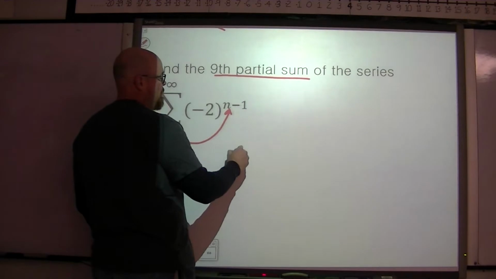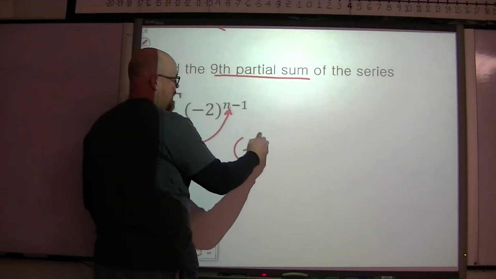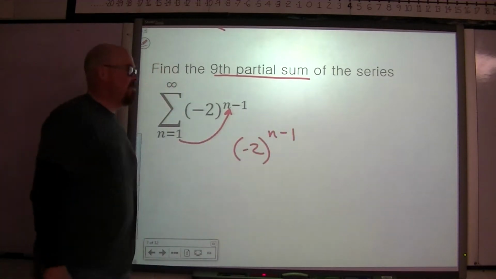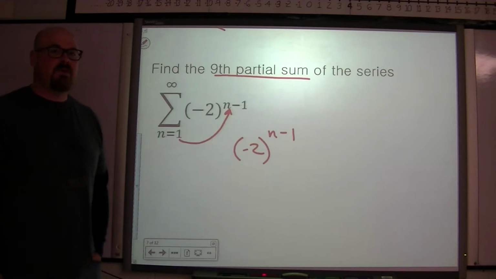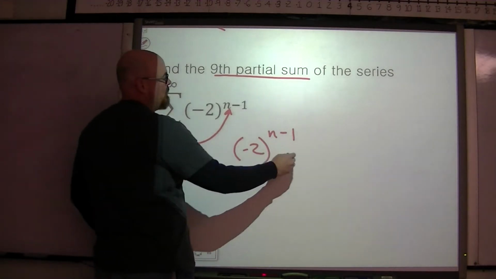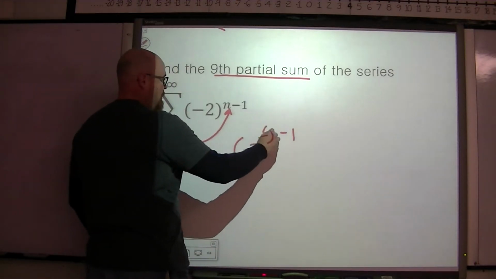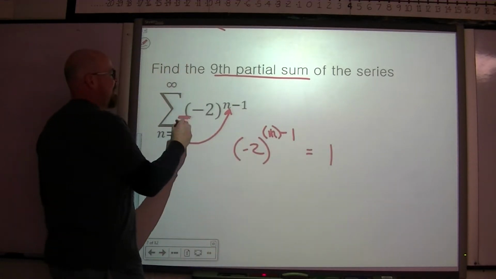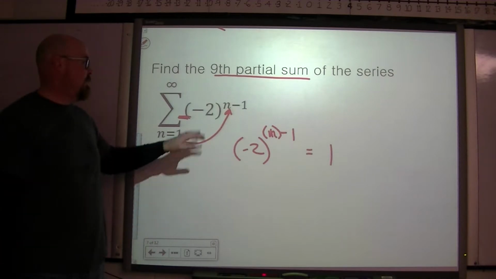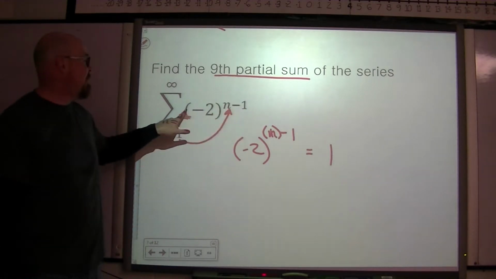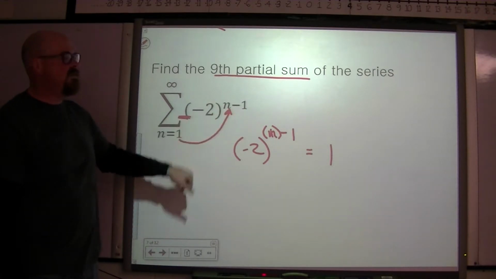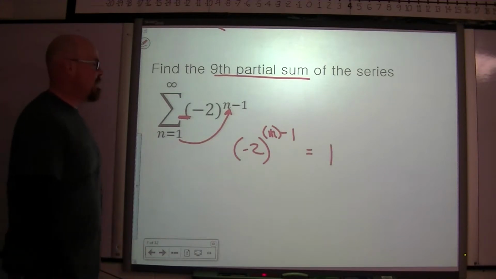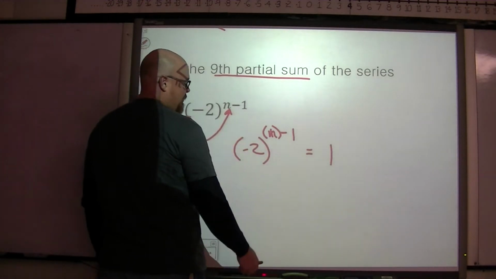So that first term is negative 2 to the n minus 1, which is 1 minus 1, which is 1. We can get that by looking in the front here. Remember, when it's written with to the n minus 1 power, the first term is in front of that common ratio. So we have the first term of 1.